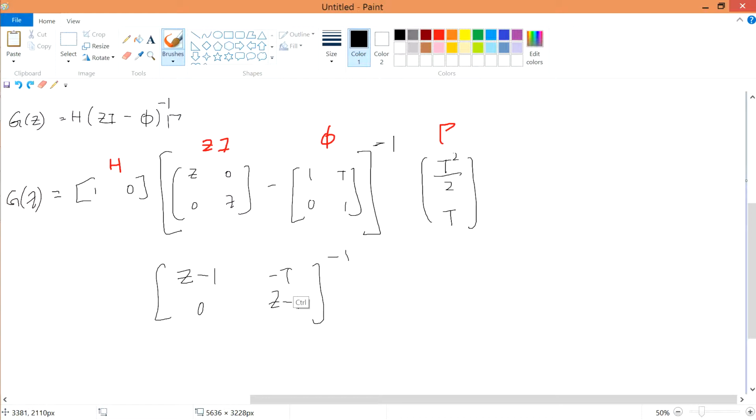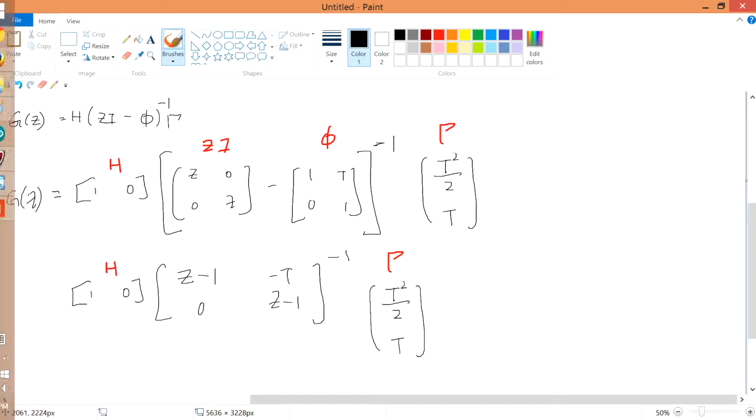This thing over here I have rewritten as this thing over here, while the rest for the H I'll simply rewrite as this thing. Sorry, I should have copied. I don't want to cheat your feeling, so I'll paste it in front of you. Likewise, the transfer function G(z) is equal to this.